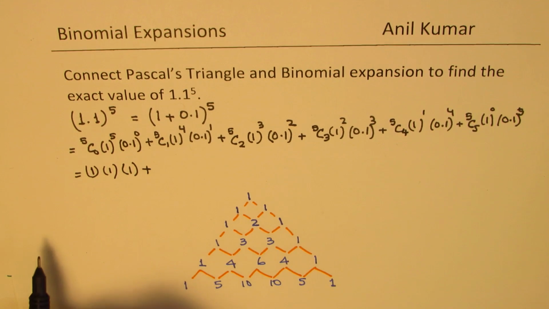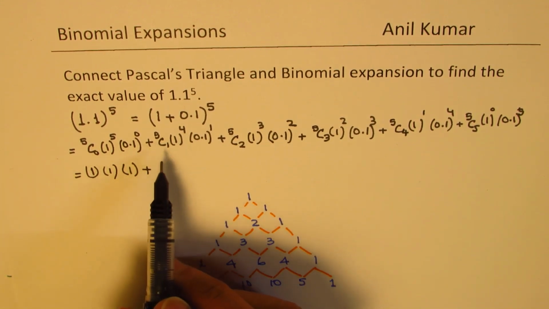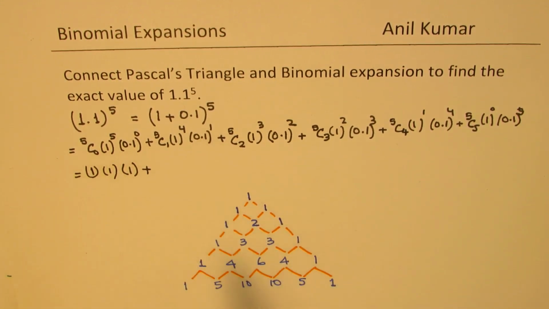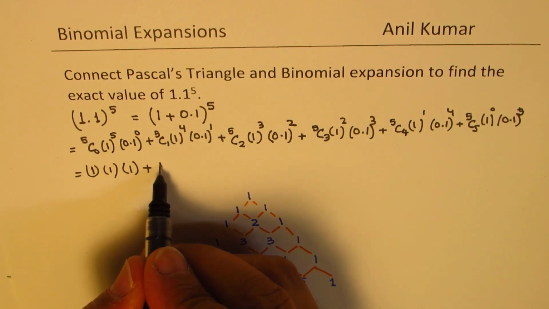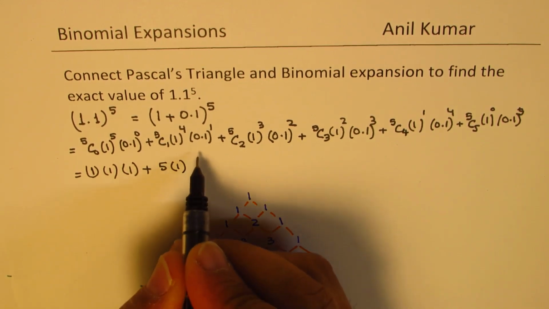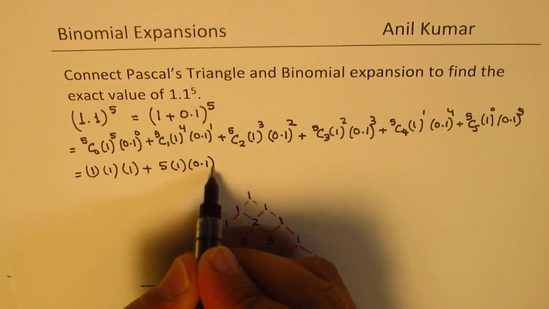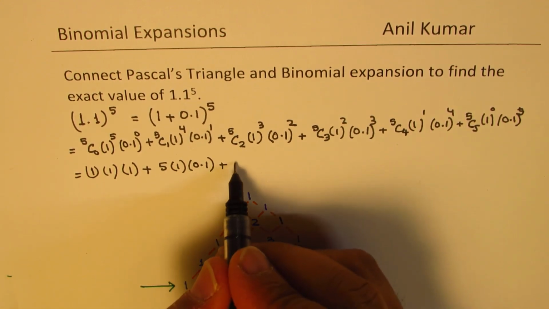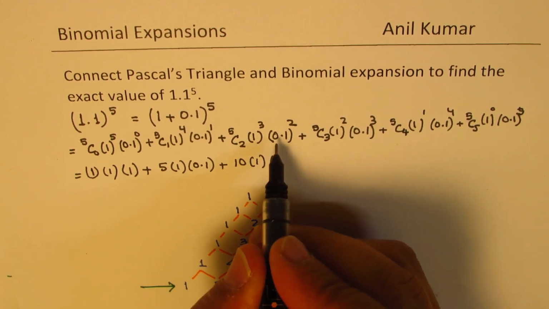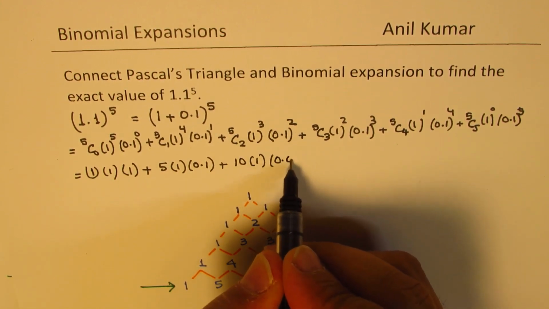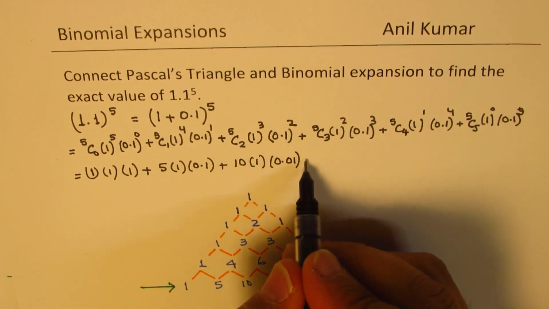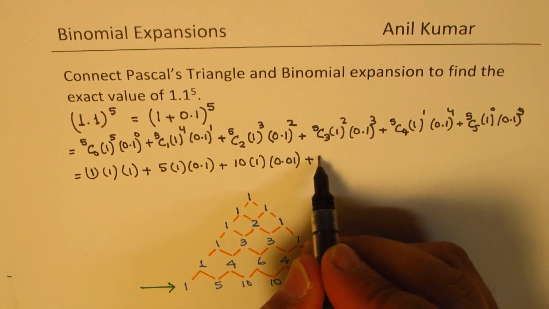Plus 5C1. The coefficient is given by this line, so these are the 6 coefficients we are looking for. So we get the coefficient as 5, and this is always 1, and that is 0.1, correct? Plus the second one here is 10 times 1 times 0.1 squared, which gives us 0.01, 2 decimal places. Now here we get again 10 as 5C3.